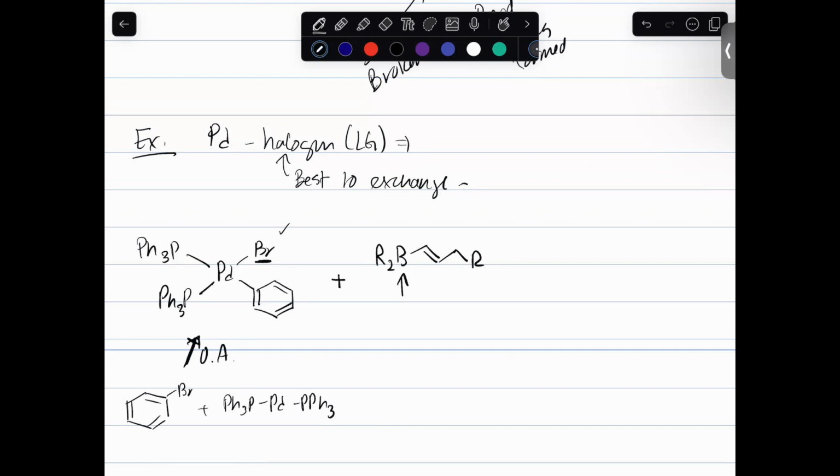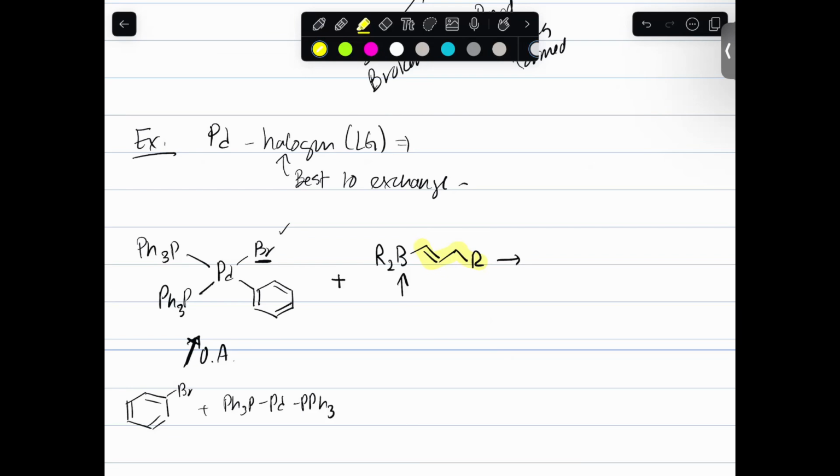In this case, when it's a boron system, this is known as a Suzuki reaction. Now, this is only part of the mechanism of the Suzuki reaction. Okay, I'm not expecting you to know the Suzuki reaction. This is just an example of the transmetallation step in the Suzuki reaction.